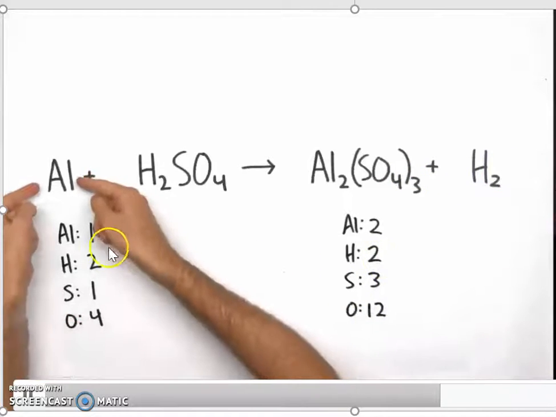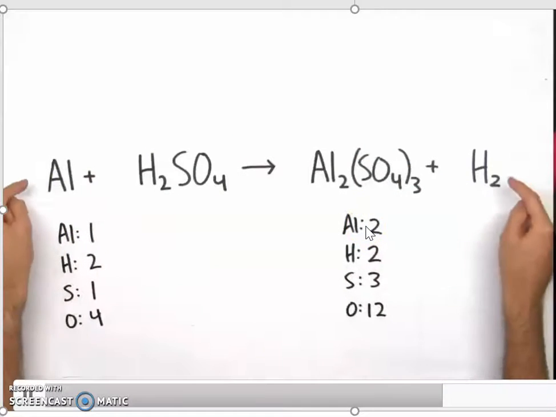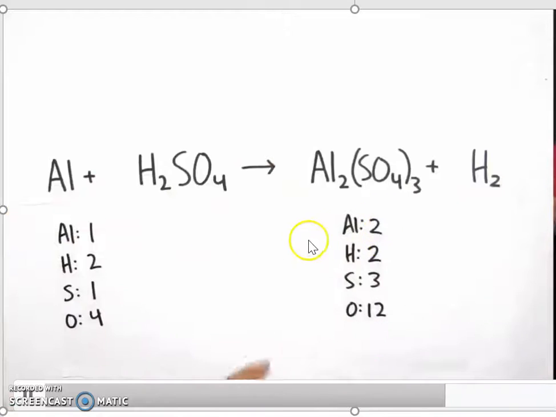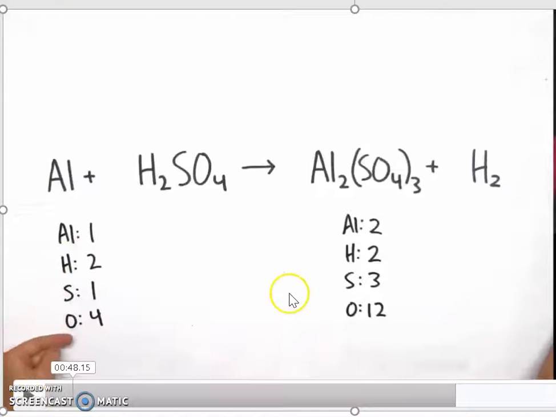Let's balance this out. Okay, we can have it balanced like, let's start by putting aluminum. Alright, so, as you can see, mas complicated si oxygen kasi 12 in the product side and 4 sa reactant side.